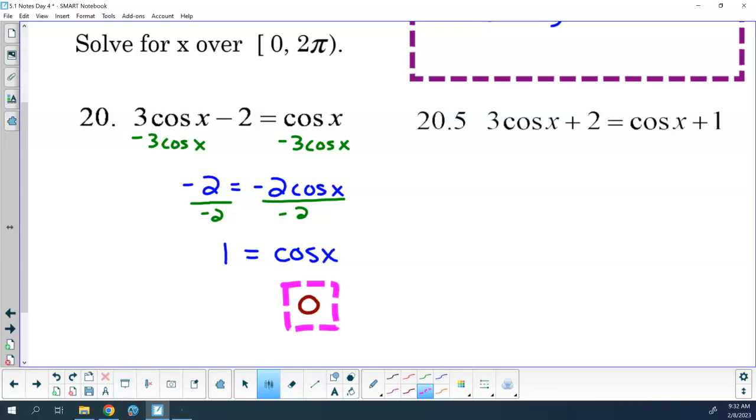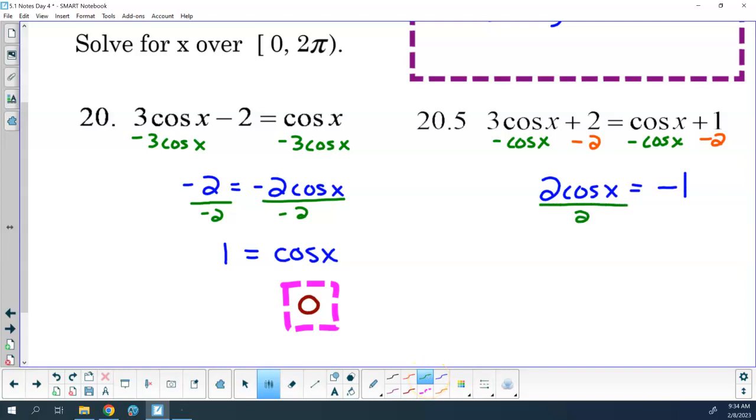You try that. So here I would subtract cosine. And at the same time, I would subtract 2. So that would give me 2 cosines equals -1.